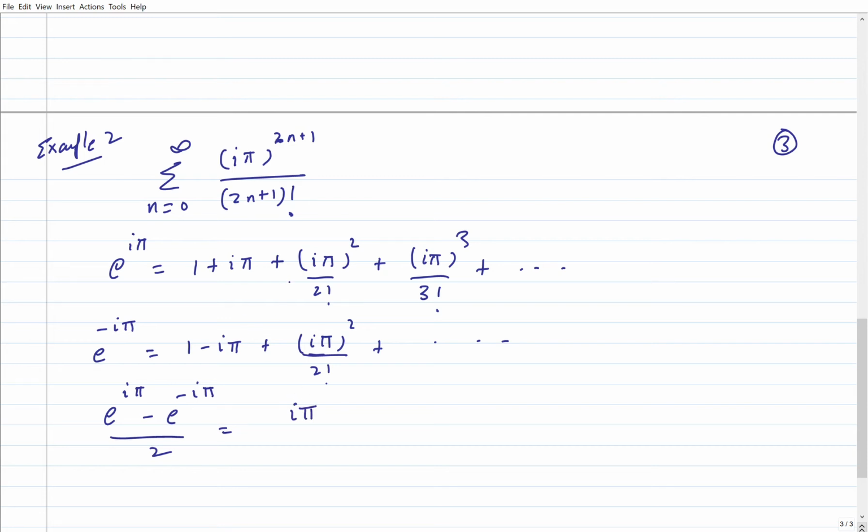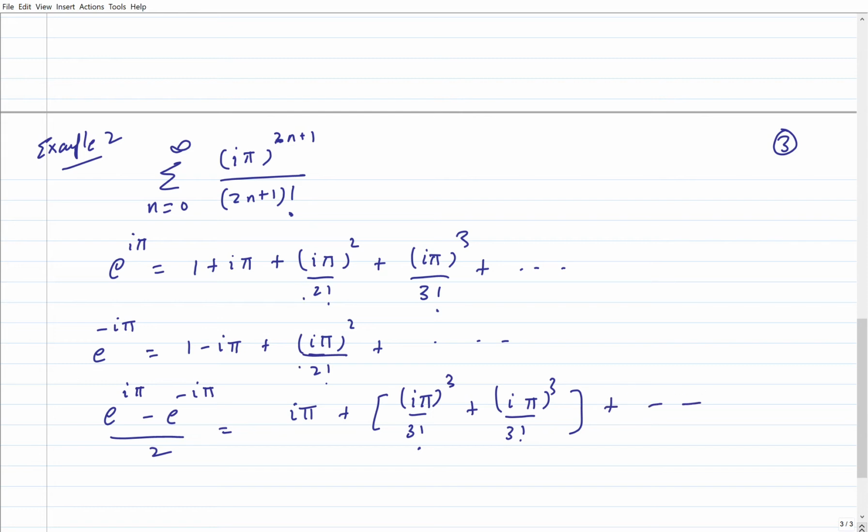I'm just subtracting one sequence from the other, plus it's going to yield me iota pi whole cube by 3 factorial, plus iota pi whole cube by 3 factorial, so on and so forth.